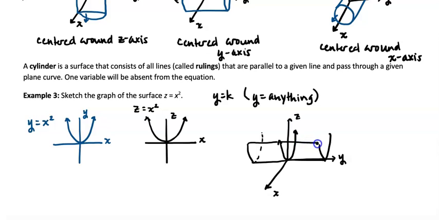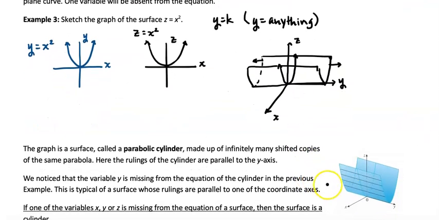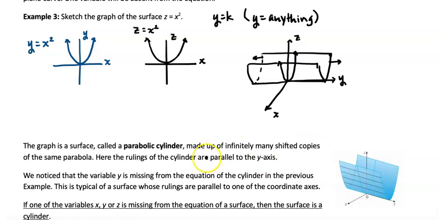But we are going to have something that looks like this, that extends infinitely in the positive and negative y directions. And this is called a parabolic cylinder.